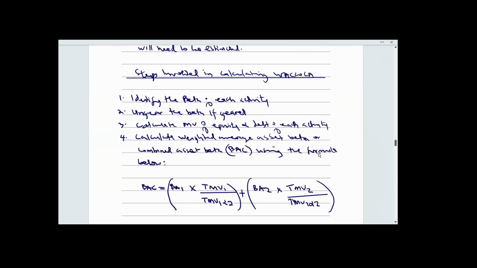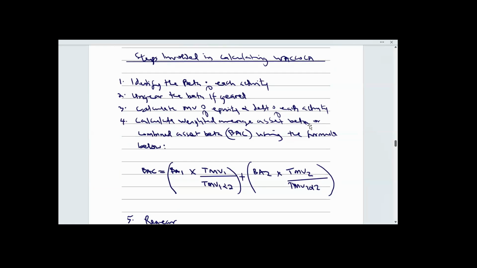Of course, I've shortened it because the formula I'm supposed to provide for the second and the third steps is something we have done previously. We just finished project specific, so the same formula you used to regear is what you are going to use. To calculate market value of equity and debt, we have demonstrated that severally.